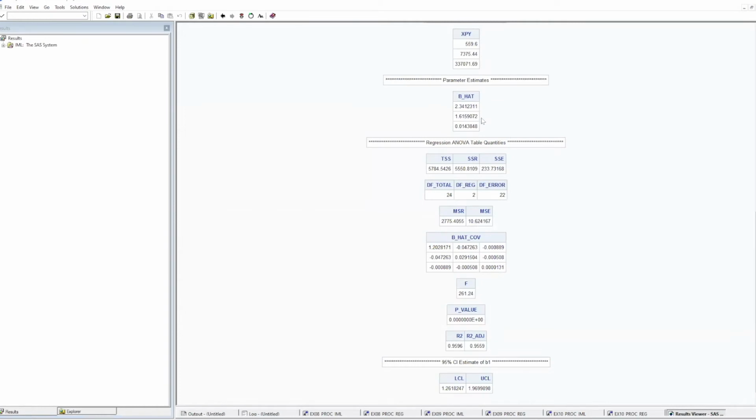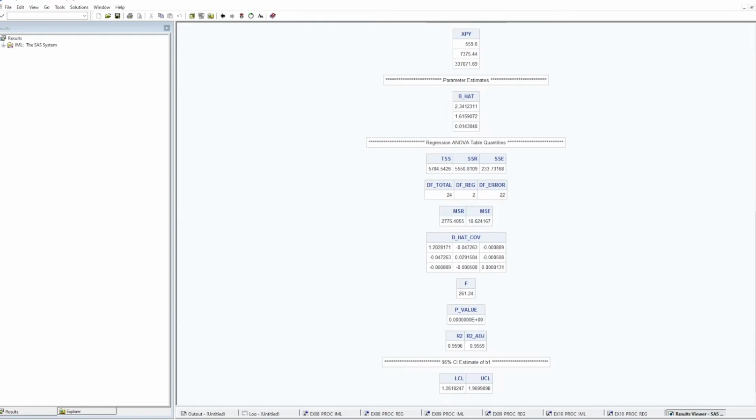Here I have output from the fitting. We're not interested in that right now. What we want is down here at the very bottom, the 95% confidence interval estimate of beta 1, and we get a lower confidence limit of 1.2618247 and an upper confidence limit of 1.9699898. If we round that to the number of decimal places given in the book, we should get the exact same value.